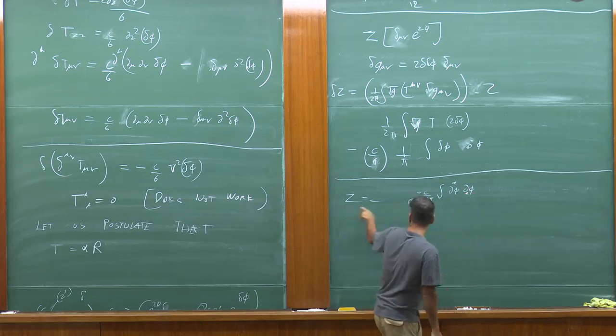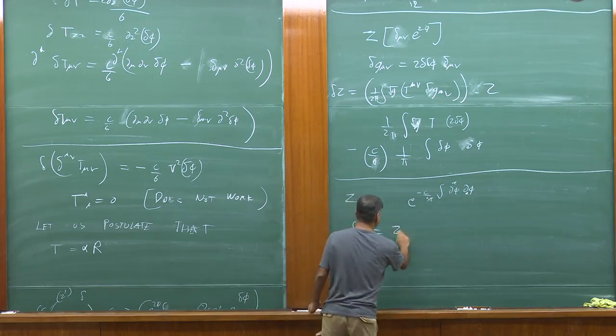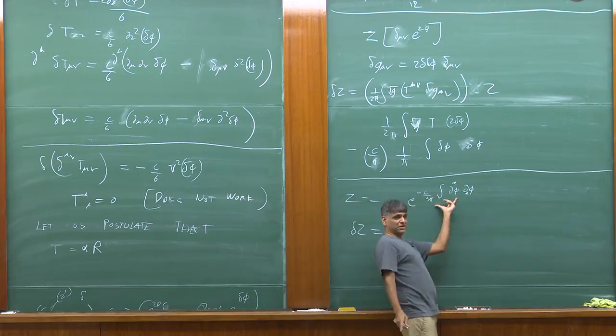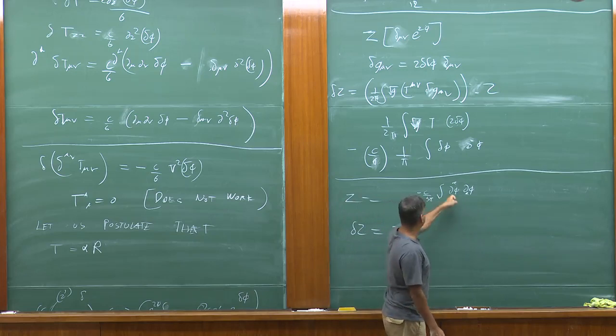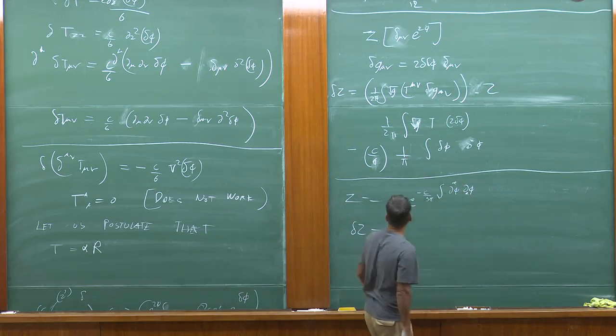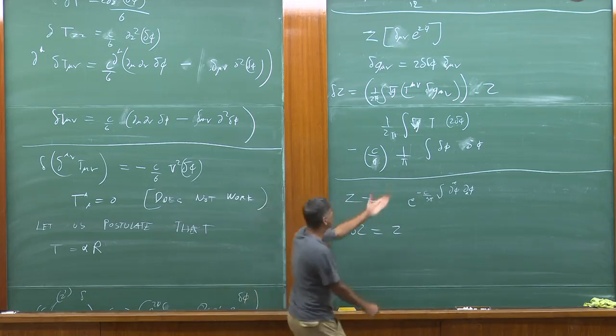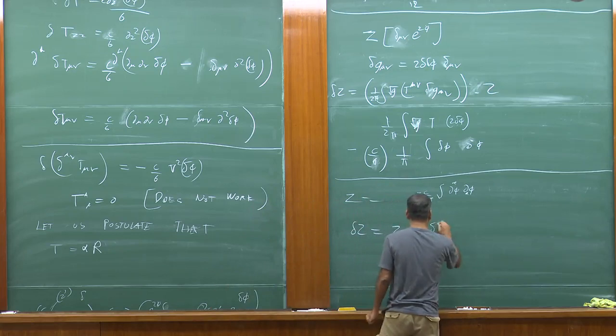Okay? Now let's take the variation. Delta Z would be equal to Z times the variation of this object. This object would vary because this varies or this varies, so there will be a factor of 2. Then we integrate by parts. It becomes delta phi times del square phi, and we get exactly that: Z times the integral of delta phi times del squared phi.